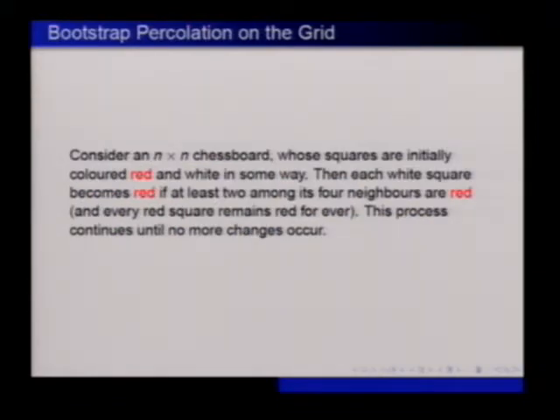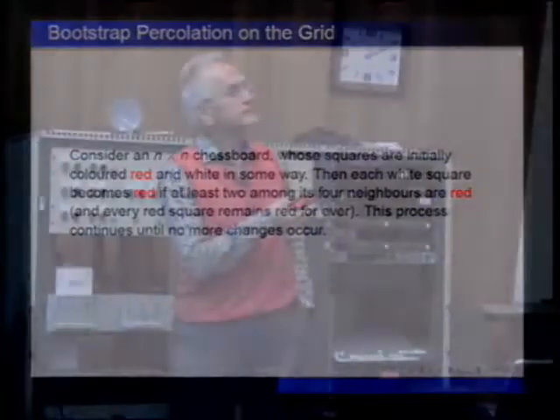Maybe the most basic thing is bootstrap percolation on grids of various dimensions, and that's exactly what we shall take. In the simplest case, we have an n-by-n chessboard, but the chessboard is not colored black and white as a decent chessboard is, but some of the squares, some of the cells are red, and the others are white.